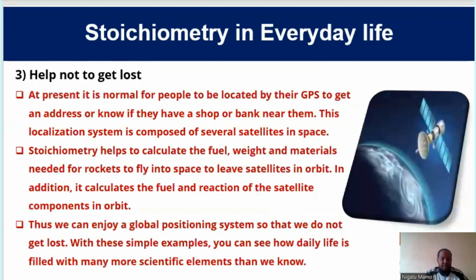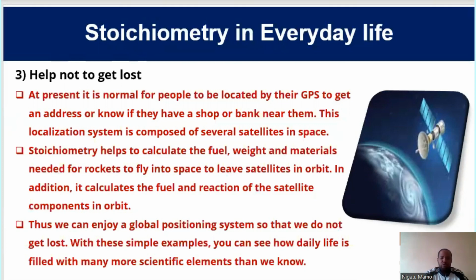The third application of stoichiometry in our daily life is helping us not to get lost. At present, it is normal for people to be located by their GPS to get an address or know if they have a shop or bank near them. This localization system is composed of several satellites in space.